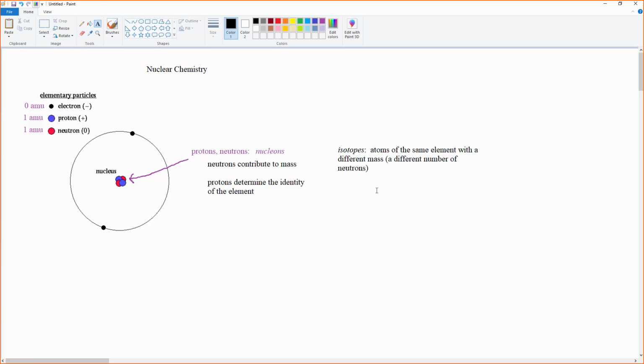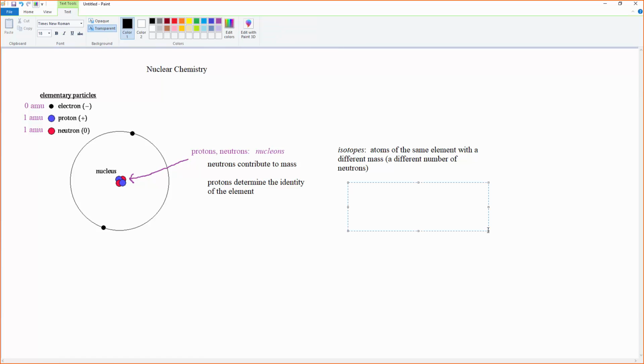So for instance, carbon 12 is the most common, which is of course why the average mass weighted for abundance of carbon is 12.01. But there's also carbon 13. That's about 1% of all carbon. And there's even some carbon 14. That's the radioactive one, right?